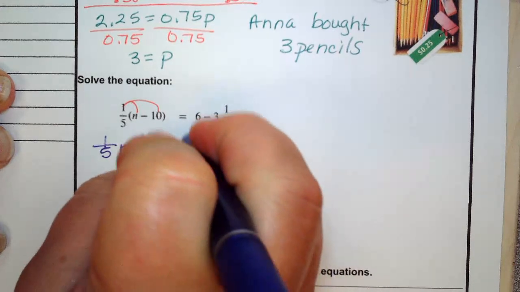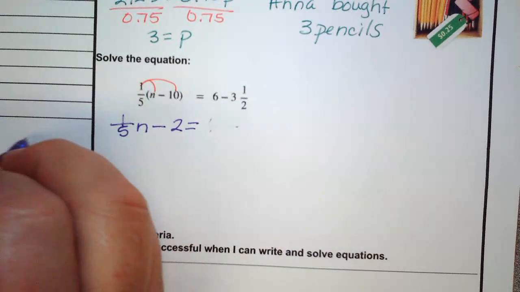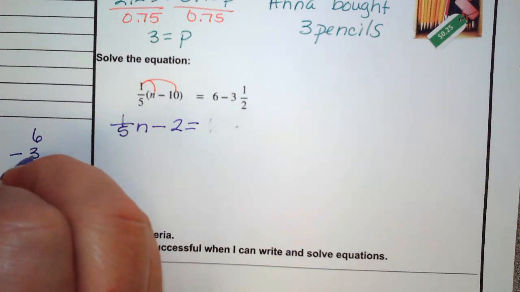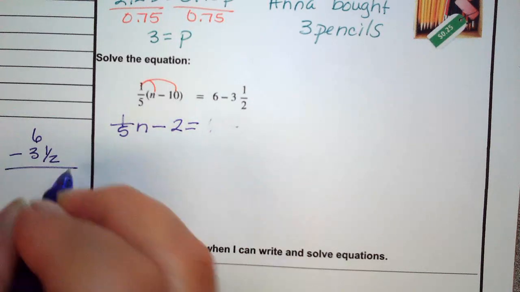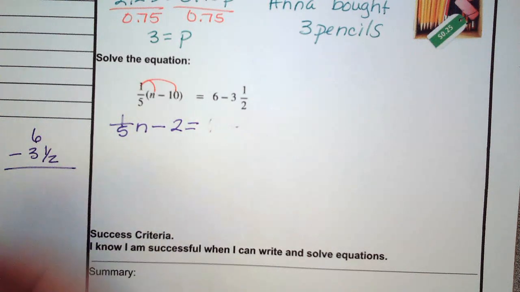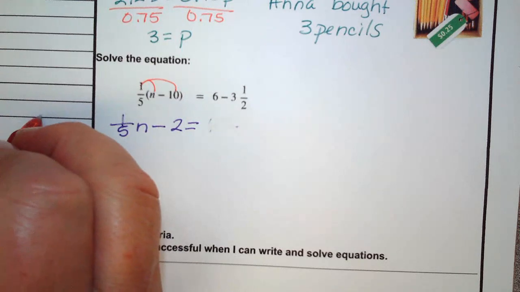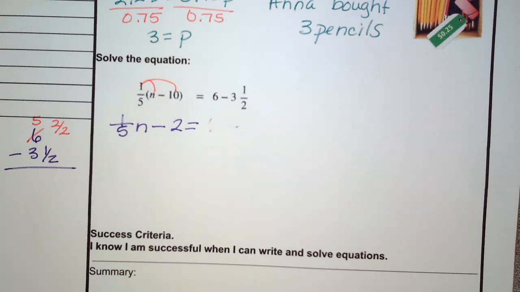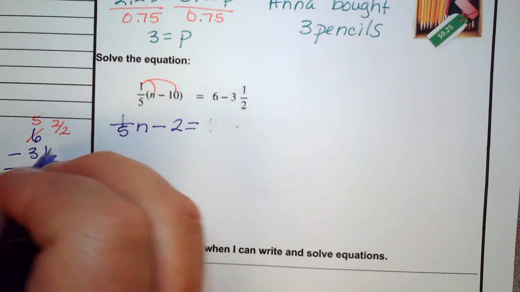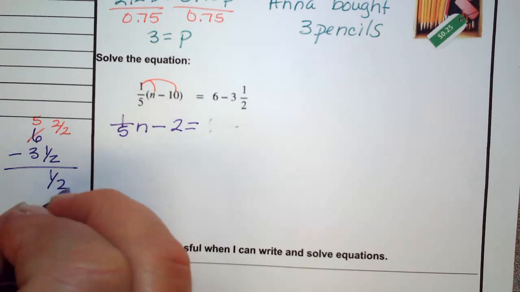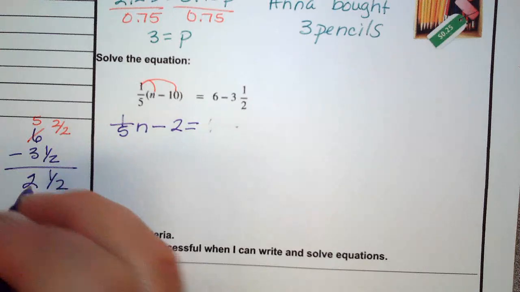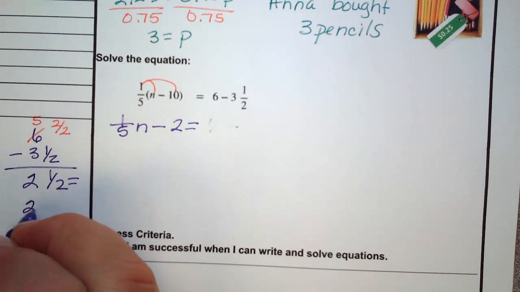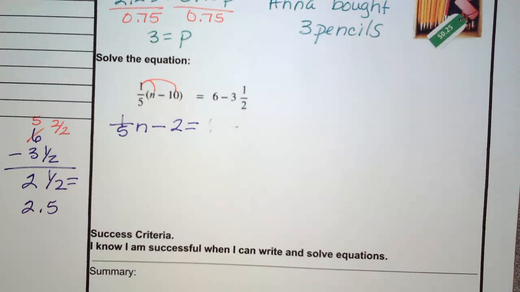So if I'm looking at this, I have to start by simplifying here. This becomes 5. This becomes 2 over 2. 2 over 2 minus 1 over 2 is 1 over 2. 5 minus 3 is 2. This converts into 2.5.